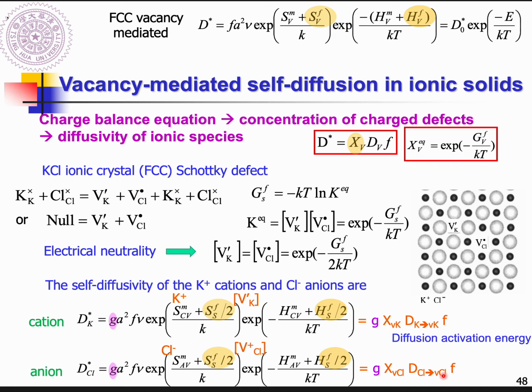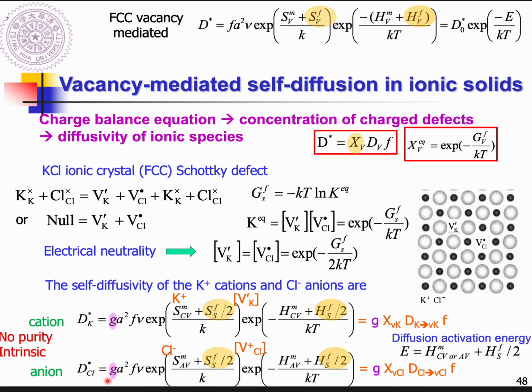So when you talk about the diffusion activation energy for this ion in potassium chloride materials with Schottky defects, it would be the migration energy plus the Schottky defect formation enthalpy divided by 2, with C_V or A_V depending on whether the diffusivity belongs to the potassium ion or the chloride ion.